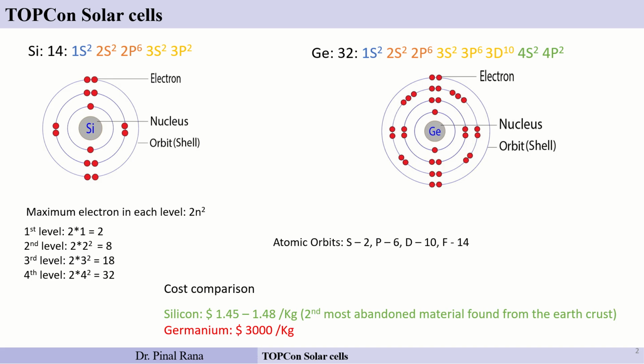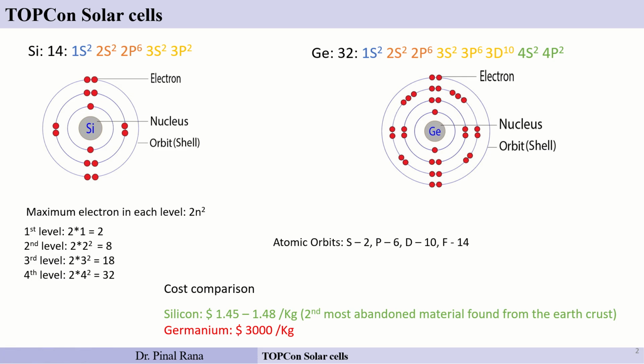Silicon has an atomic number of 14 and germanium has an atomic number of 32. Based on the atomic number, on the left hand side I have shown the different energy levels. 1s2, 2s2, 2p6, 3s2 and 3p2 are the energy levels of silicon, and these are the energy levels of germanium.